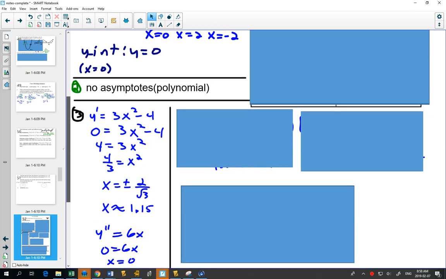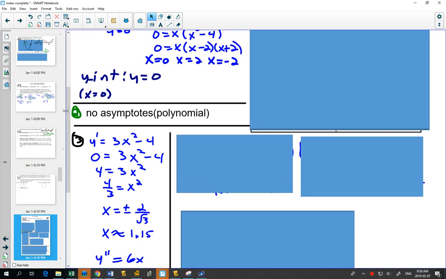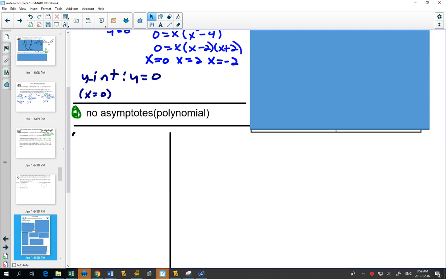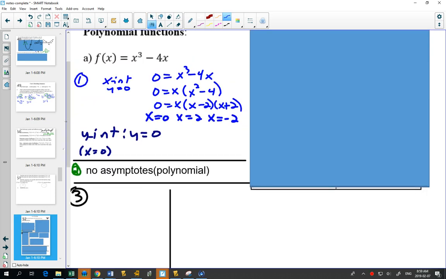Okay, I'm going to do this next part just with you. Step 3, I would find my derivative. So looking at my original equation, I would get f prime of x is equal to 3x squared minus 4.